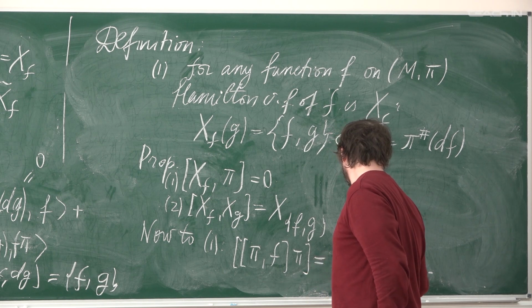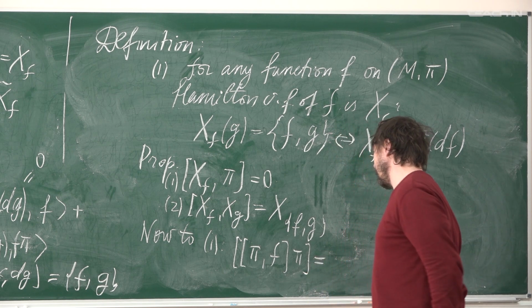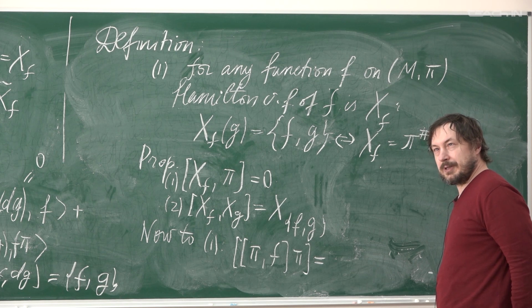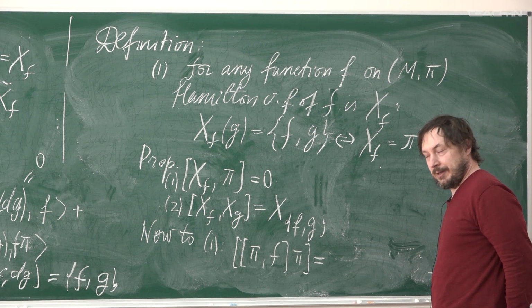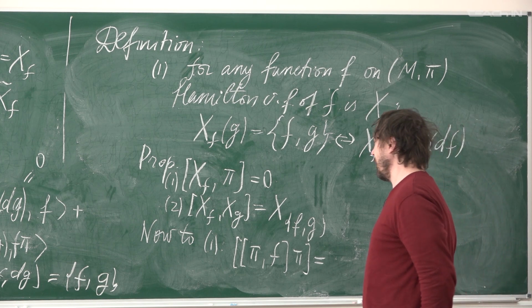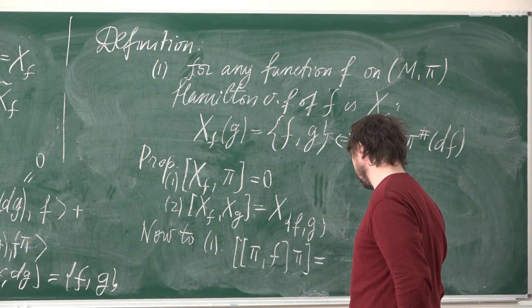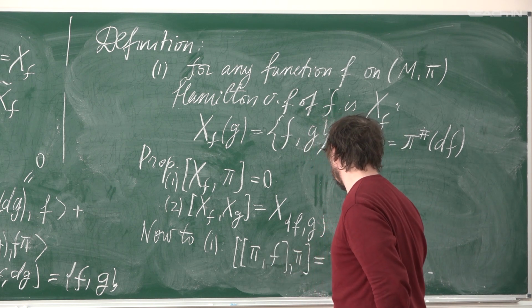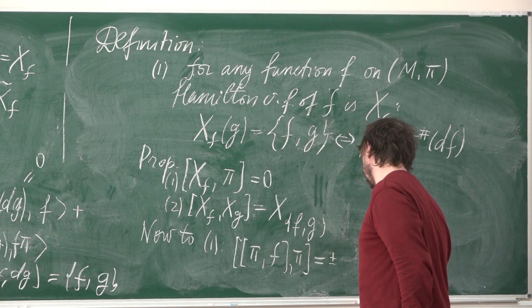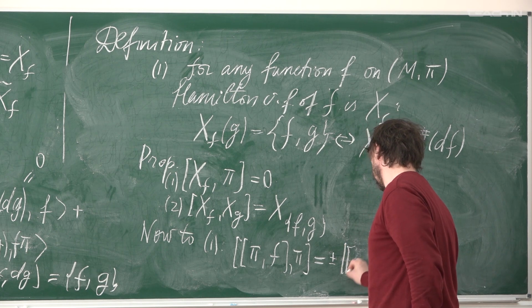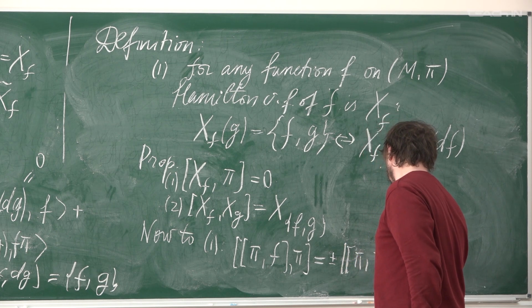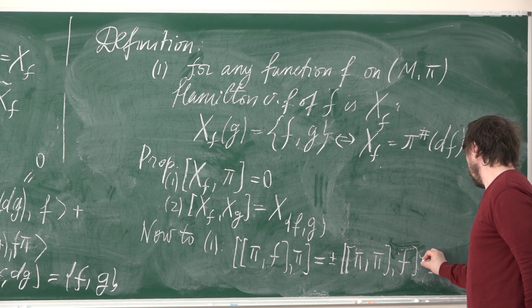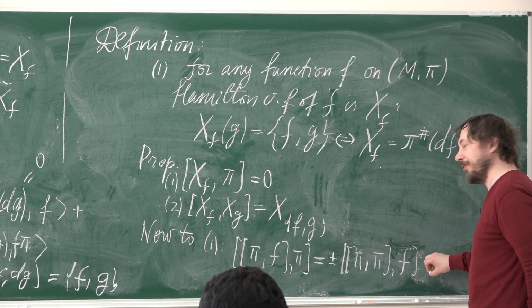And it is equal, by the gradient Jacobi identity, right, to plus or minus, let me put it like this, [pi, f] minus, and this sign is important.